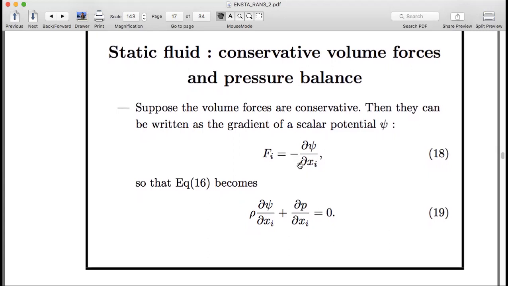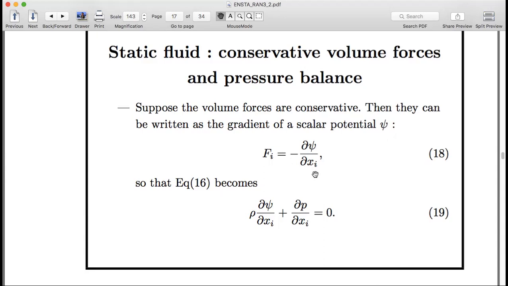It doesn't really matter, but it's convenient to have the minus sign there. I should say some general remarks about when a force is conservative.